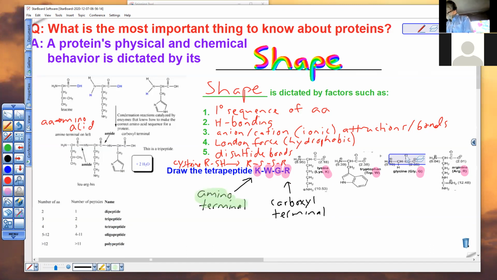The amino terminal will be this. The carboxyl terminal will be this. Okay, my pen just stopped. There. So when you're done, you better see this green piece as is and this blue piece as is. And let's get going.